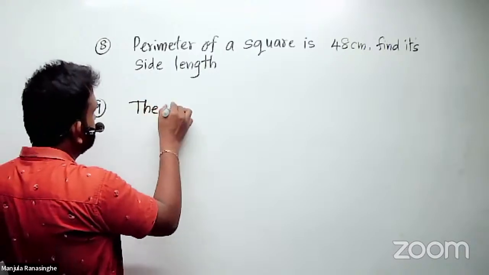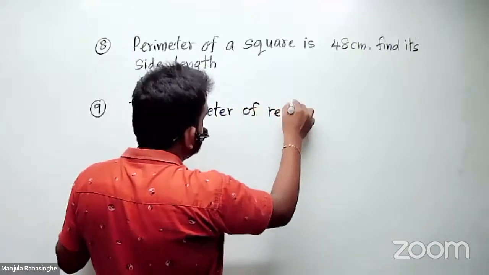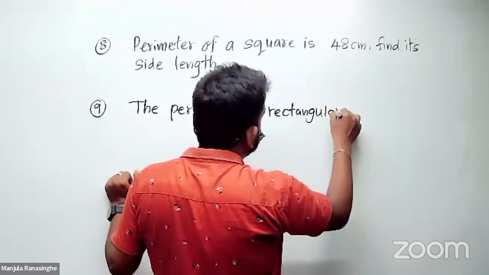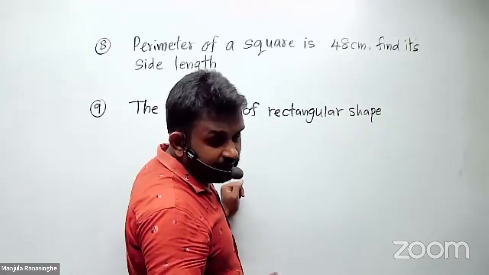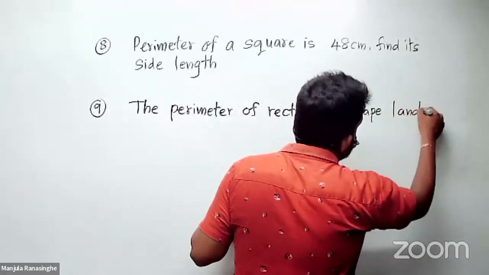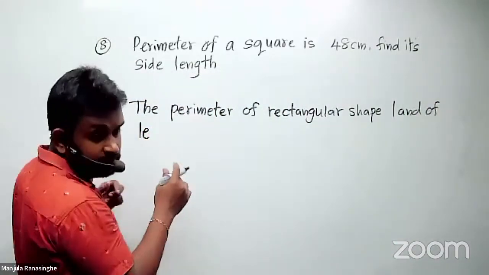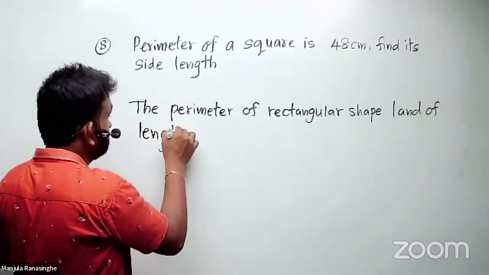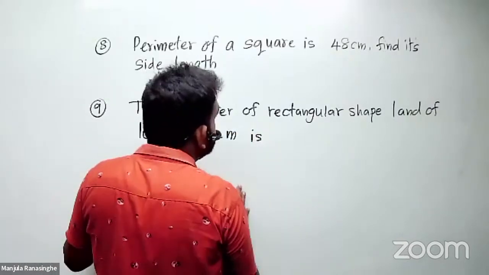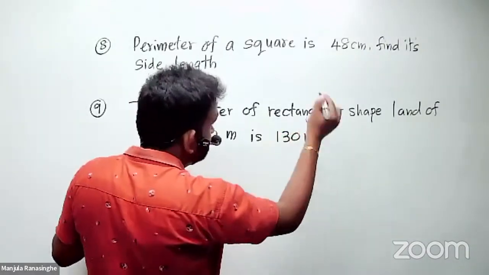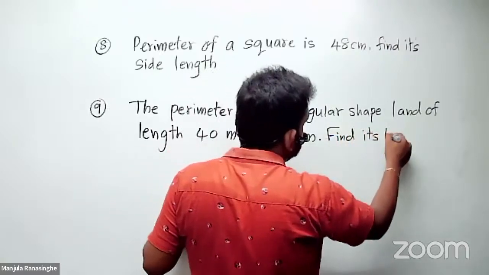The perimeter of a rectangular shape land of length 40 meter is 130 meter.